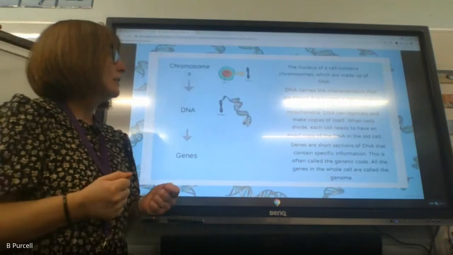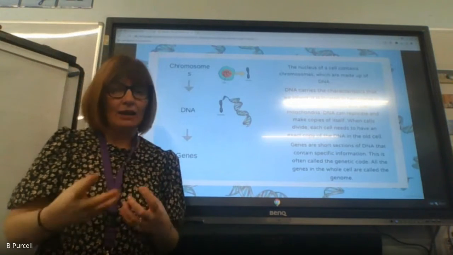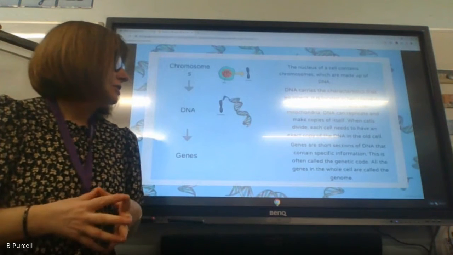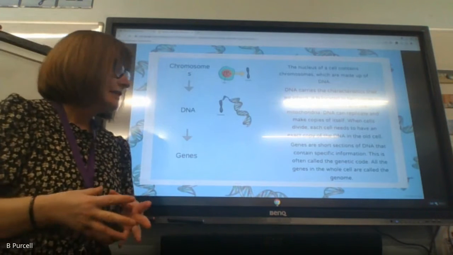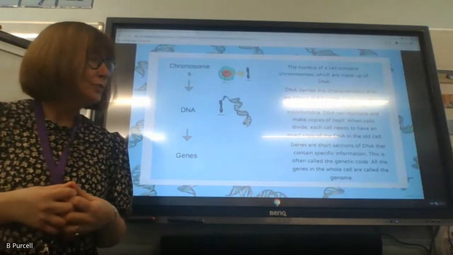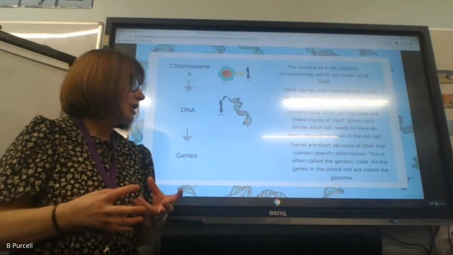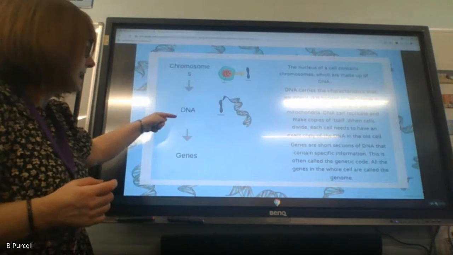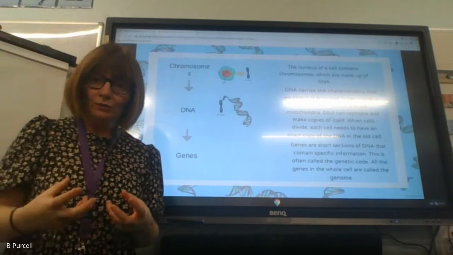When cells divide, each cell needs to have an exact copy of the DNA in the old cell. Genes are short sections of DNA that contain specific information. This is often called the genetic code. All the genes in the whole cell are called the genome. So this is what we start with: chromosomes, DNA, genes. And that's what makes us who we are.